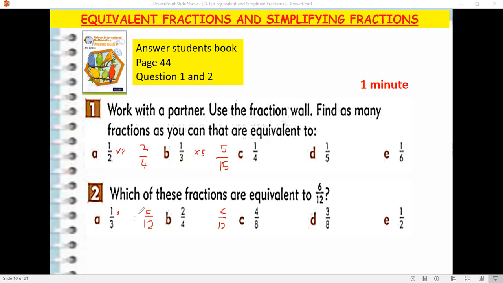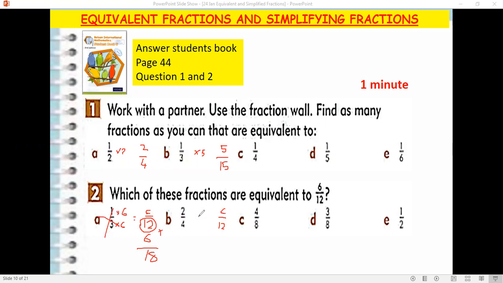Because that is 6, correct? So if I multiply 3 times 6, will it give me 12? No, because it will be 6 over 18.